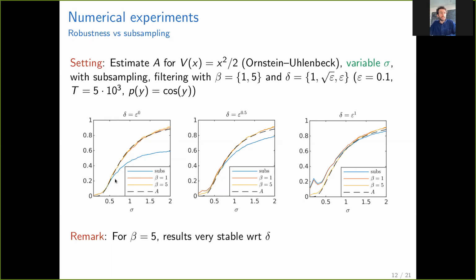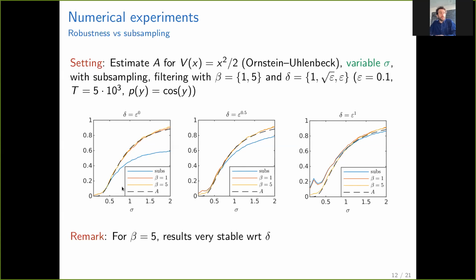We can see that the subsampling kind of follows the curve for some values of sigma, but then gets lost. And this happens to different extents, but still always in the 3 cases for the 3 subsampling rates. And here as well, the subsampling doesn't give good results for small values of sigma.